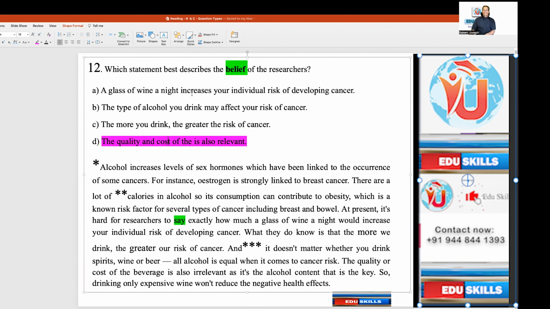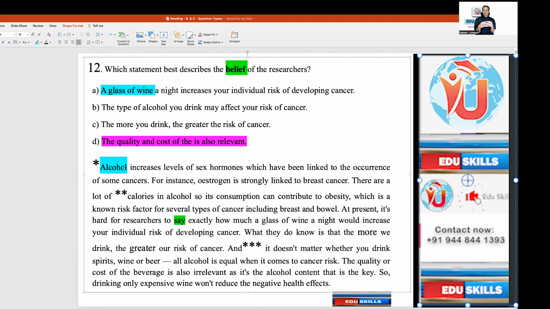Here, a glass of wine a night increases your. So this is a glass of wine. If you remember, definitely some people, I still remember you are here. A glass of wine and alcohol, what is the difference between them? I have explained it typically in some questions. There are so many questions of that type. A glass of wine is a particular brand, right? Alcohol is the general or common brand.